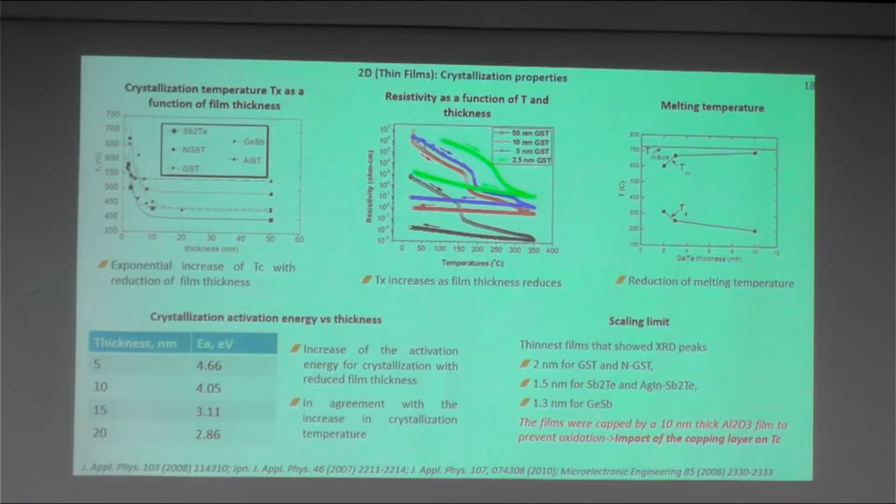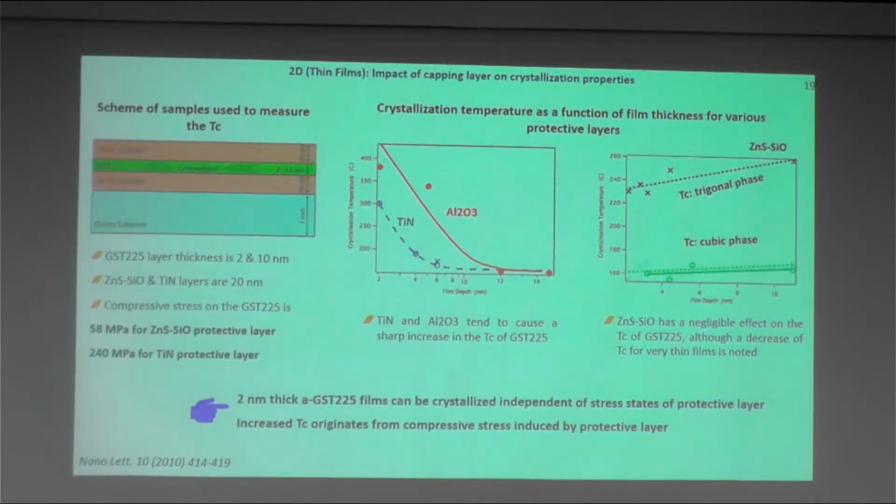But this capping layer can also impact the crystallization of your material. So it's good, but let us look at how this capping layer impacts the properties of nanoscale thin film, like of GST, between 2 and 10 nanometers. So here, if you have it, and if you deposit some capping layer of titanium nitride or another typical capping layer, zinc sulfide, silicon oxide.